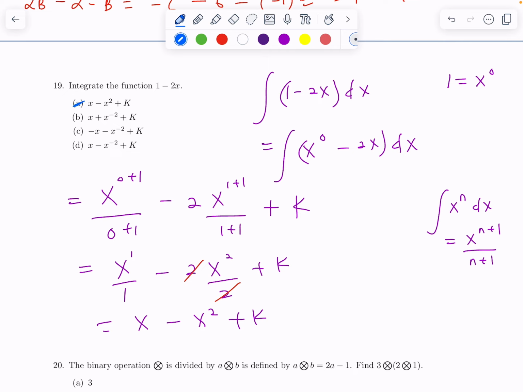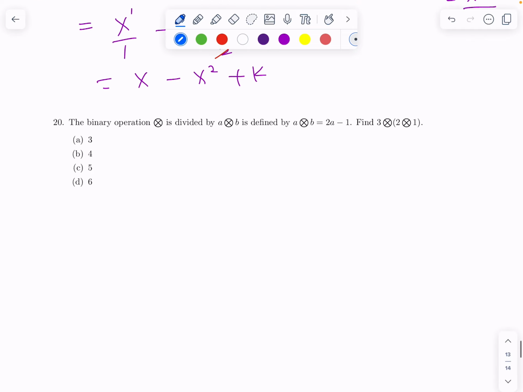Okay, you're making good progress, right? Now this last problem, we want to find this, right? This is a binary operation problem. So they defined a operates b as 2a minus 1.